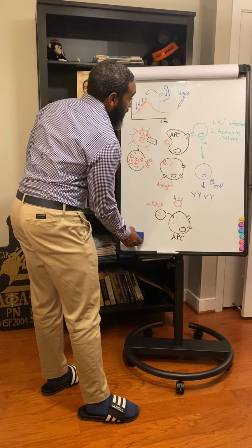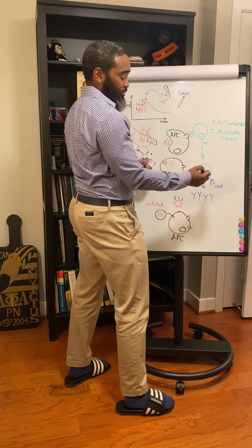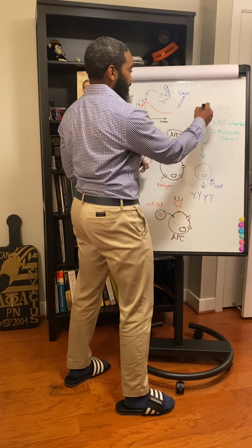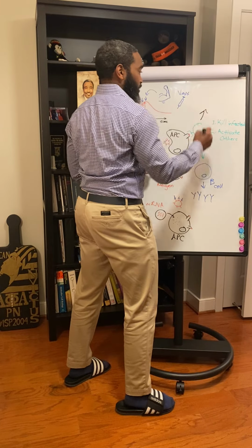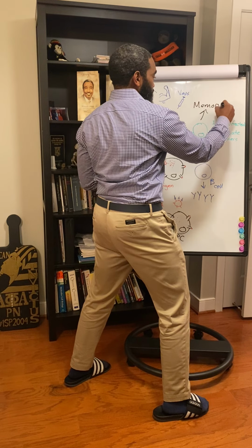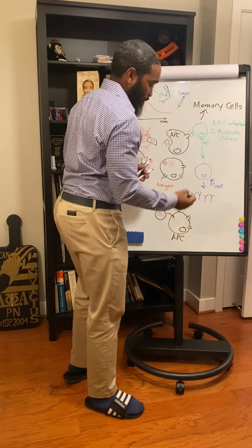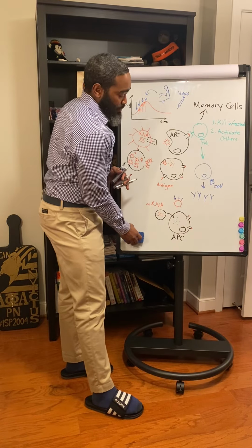So one of the things that I'll bring up is that your T cells and your B cells, once they become activated, can do one other thing. They can make what are called memory cells. So these memory cells stay in your body and can keep your body prepared.